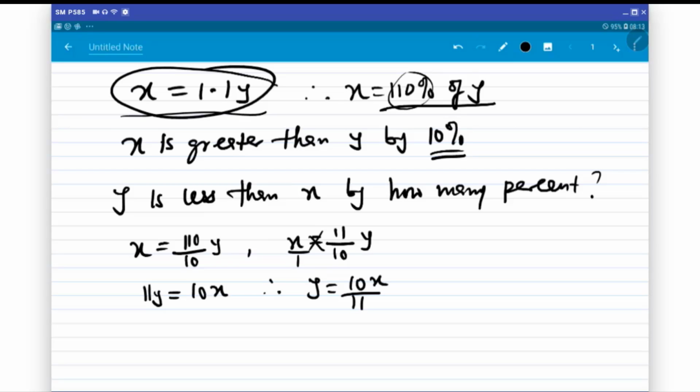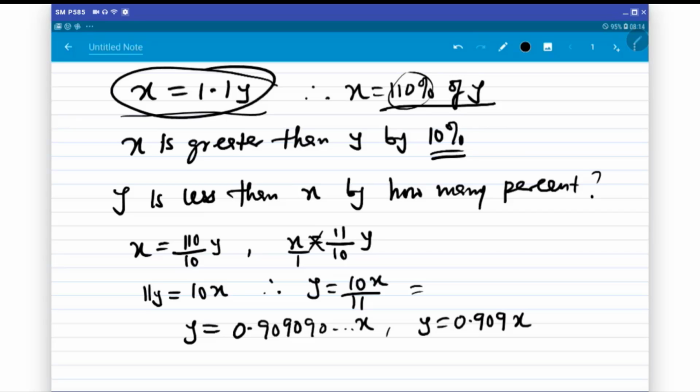I will express this in decimal. It means y will be 10 divided by 11. That gives us 0.909090 like that, x. So this simply means y will be 0.9 of x.